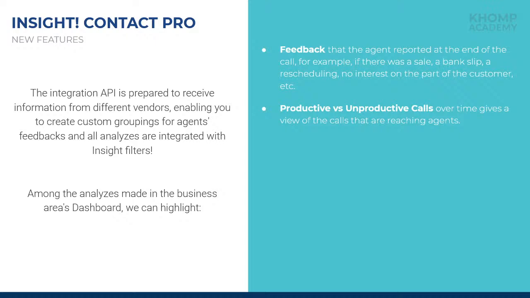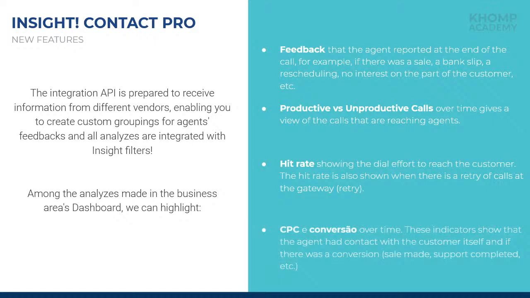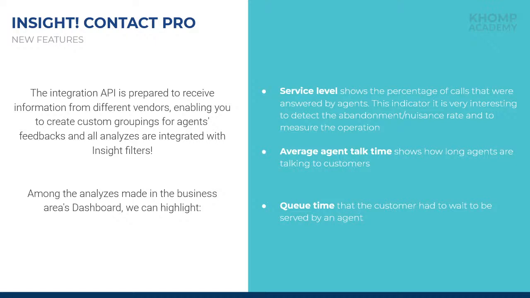You can see productive and unproductive calls. You can see hit rates. You can see CPC and conversion. You can see service levels, average agent talk time, queue time. I think this is more of a commercial speech, but the important thing is that we have a pro version that is really related with the contact center world.